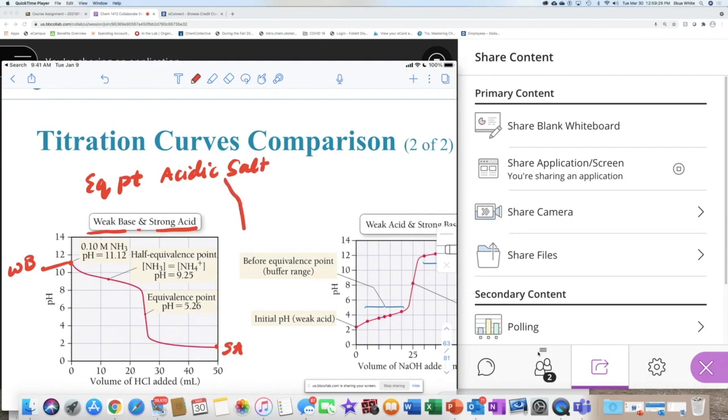Okay, let's see, where's the equivalence point? Right here. Our equivalence point is between 4 and 5. Yeah, acidic salt. Definitely acidic salt. That's our equivalence point.